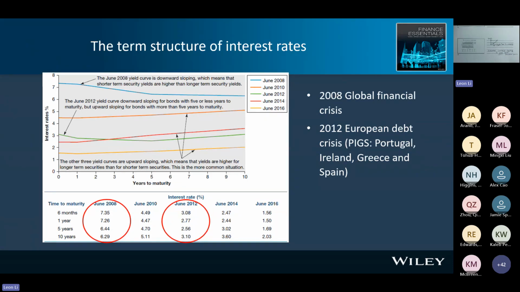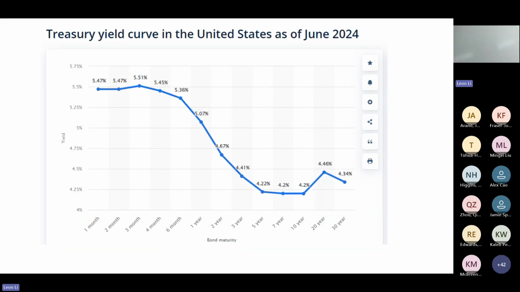I just checked the real life data. You can see, or you can Google yourself. Now we also have an inverted or downward sloping yield curve. This is the data from the United States in 2024. You can see now our long-term rate is lower than the short-term rate. So people might have a concern about recession.